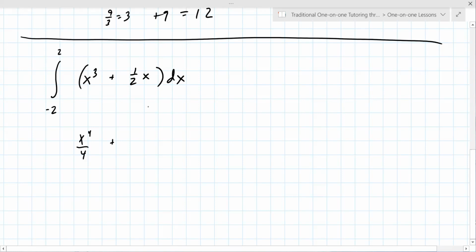It's power of 1 here, so we continue to use the same rule. Whatever this is, you add 1 and you divide by the new exponent. This 1/2 out in front is just a distraction. It just goes with it. So it's 1/2 x squared over 2.